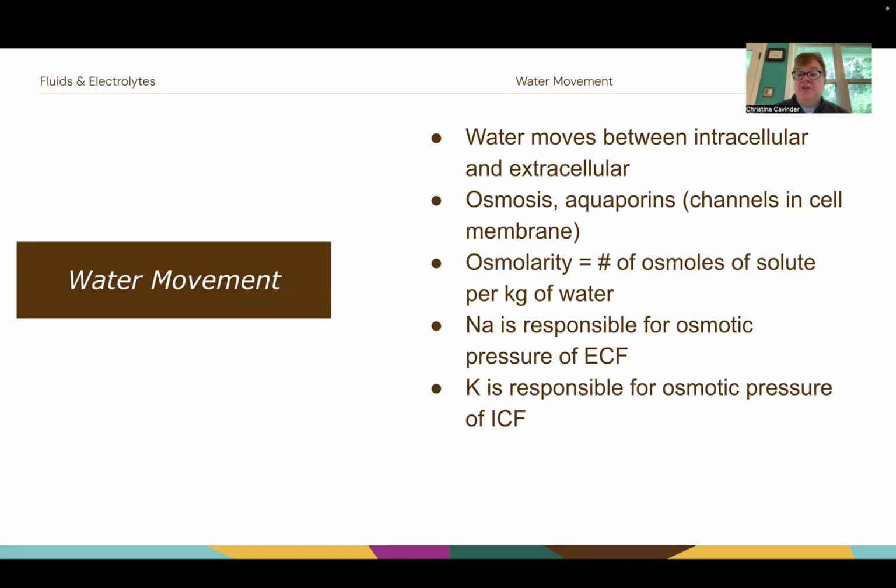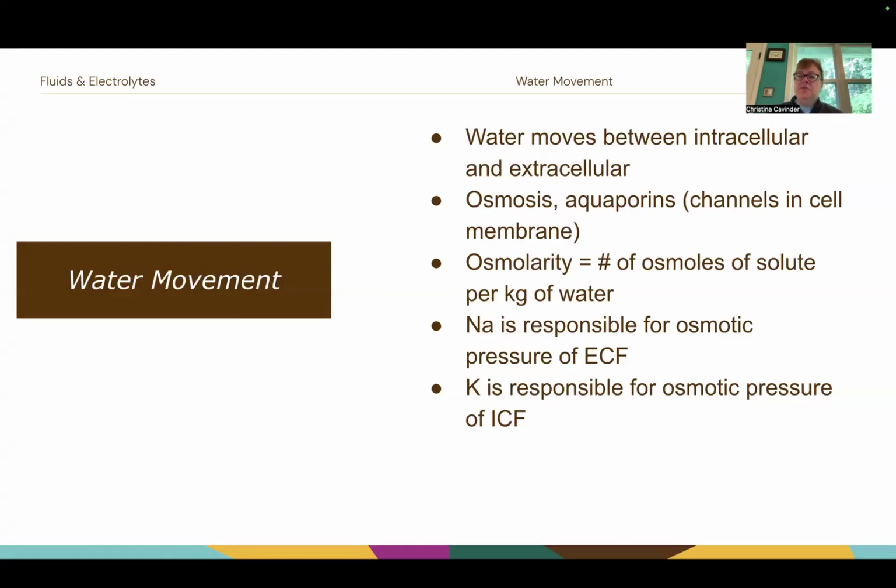So you have to know the osmolarity of the fluid inside a cell or inside tissue, and that is the number of osmoles of solute, again, solute, the electrolytes, proteins, all of those, anything that's not water, per kilogram of water, and that gives us the osmolarity.